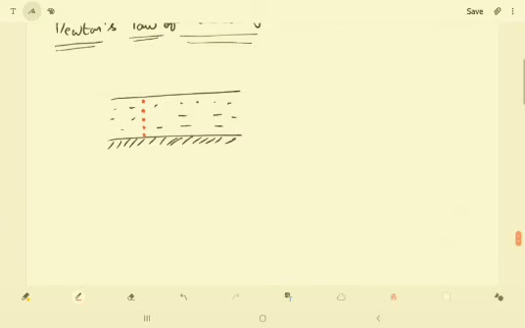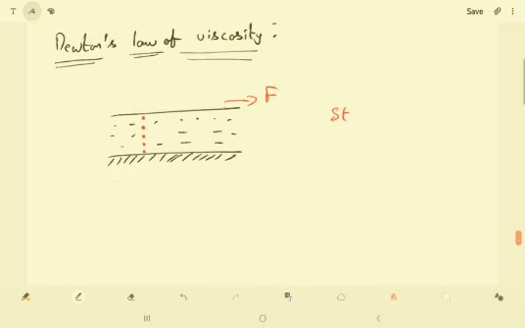Suppose after a time delta t, we are applying some force F on this top plate, but the bottom plate is stationary. So if we apply the force on the top plate, then what will happen? The fluid will start to flow in this direction.